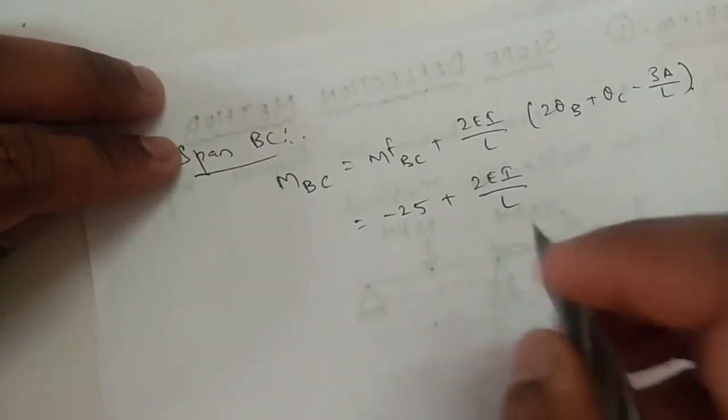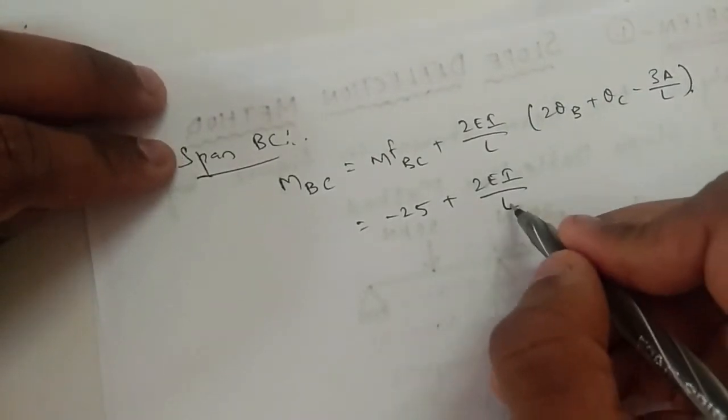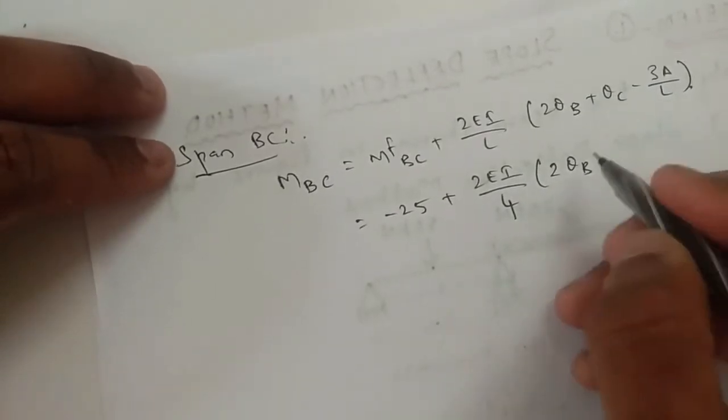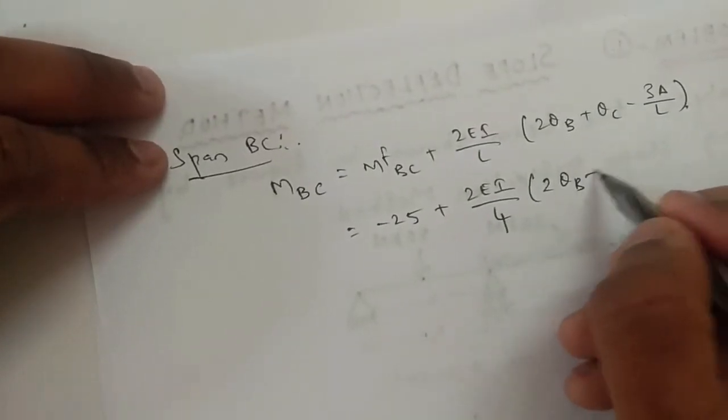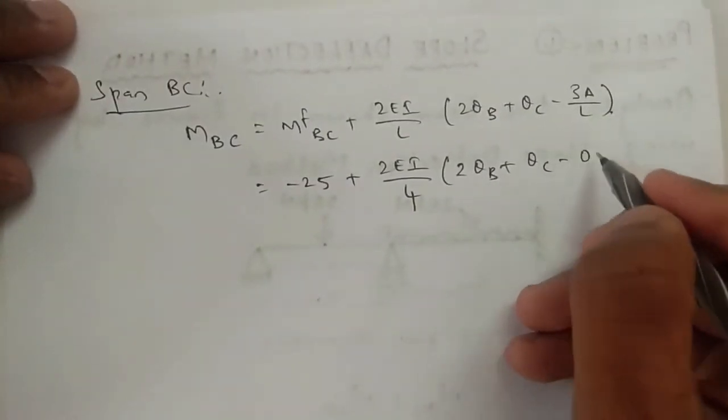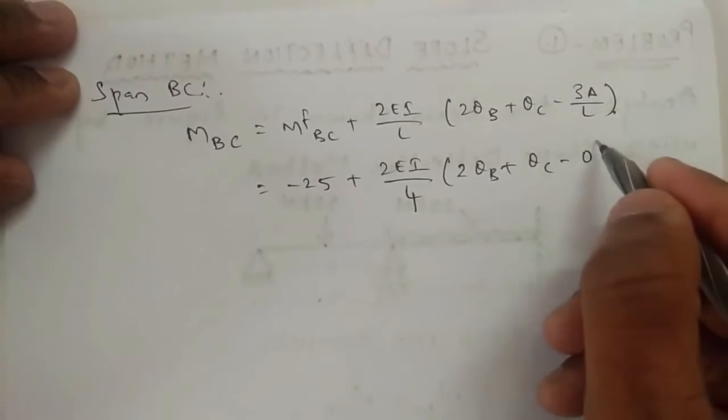Here span is 4 meters. 2 theta B, we don't know the value of theta B, so theta B is same, and theta C is also unknown, so I am writing theta C same. There is no sinking of support again in this span, 0.